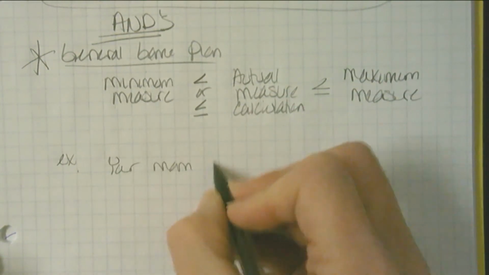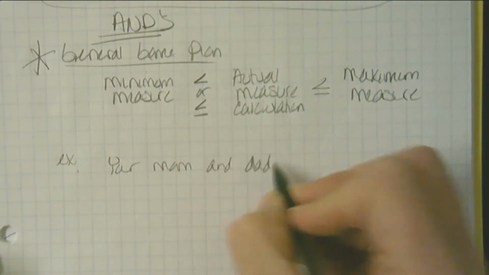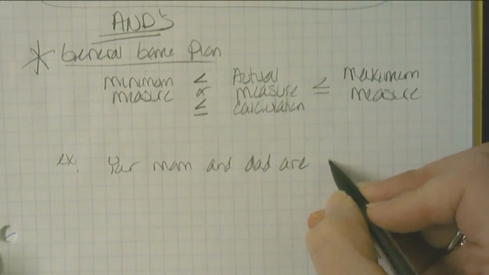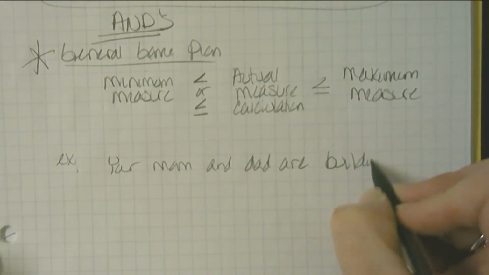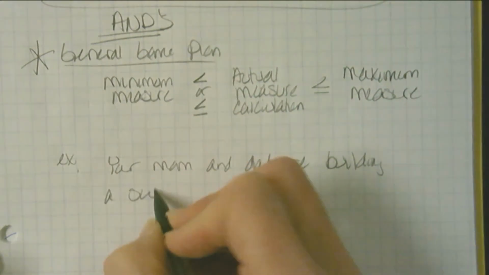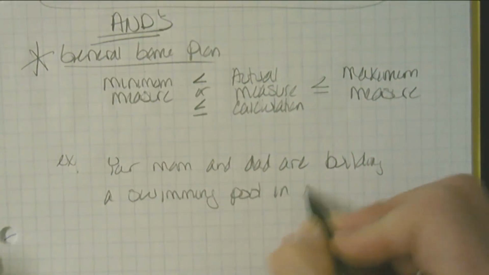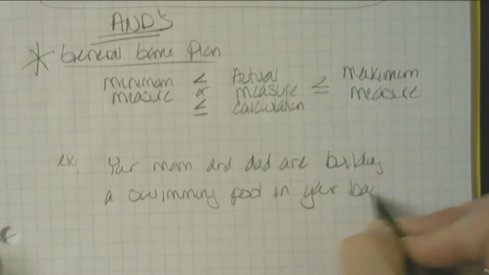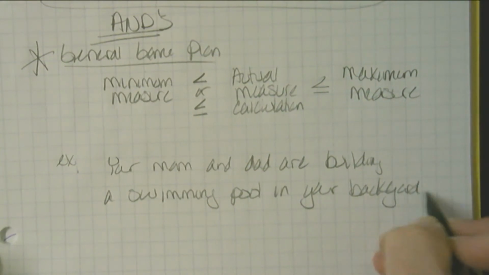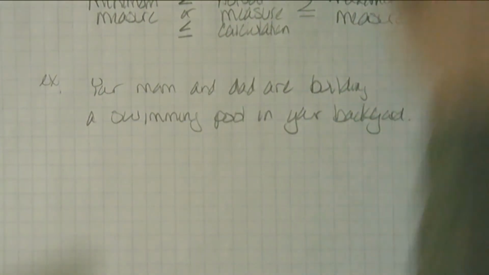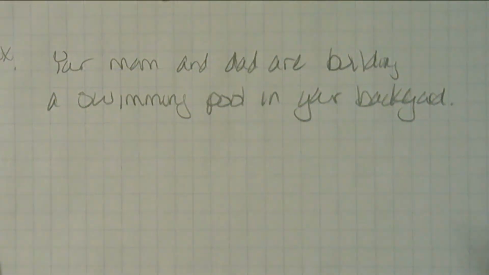So let's say your mom and dad are building a swimming pool in your backyard. All right, so your mom and dad are building a swimming pool in your backyard.